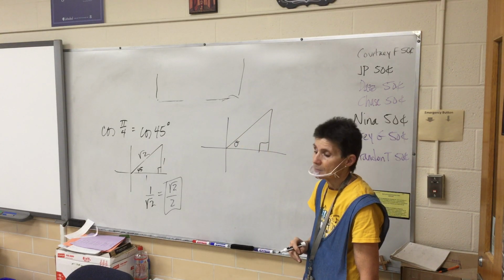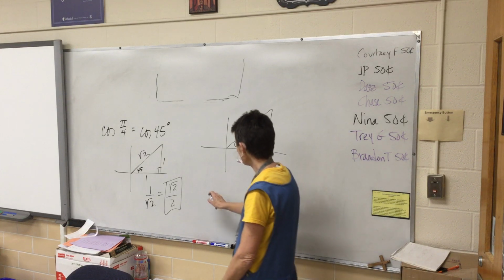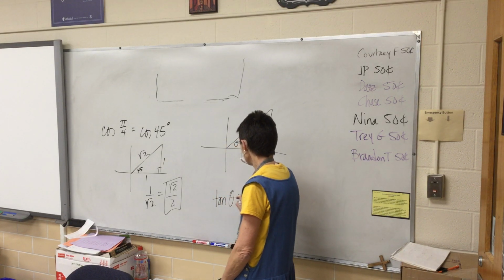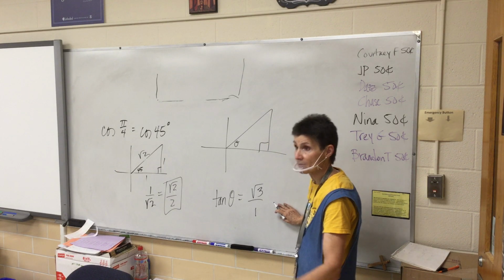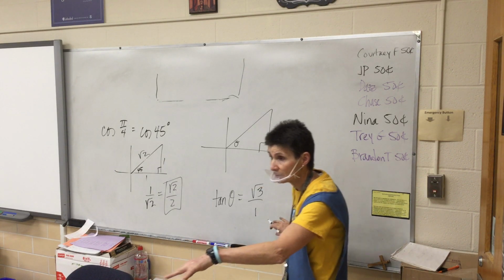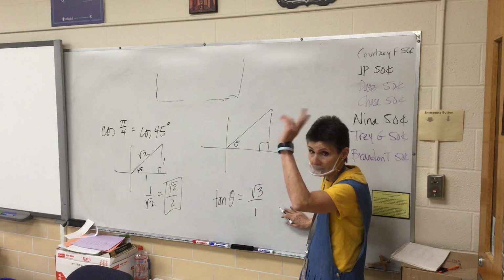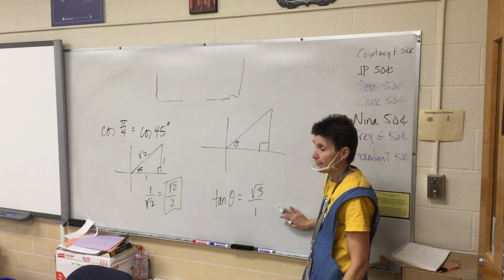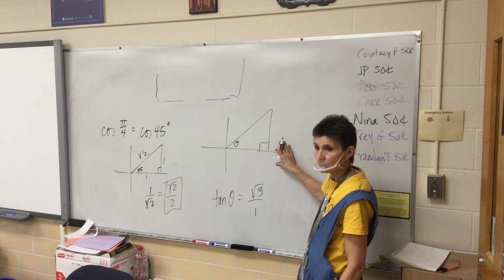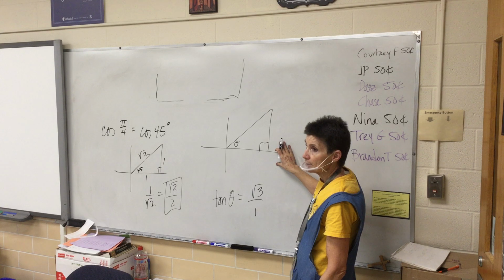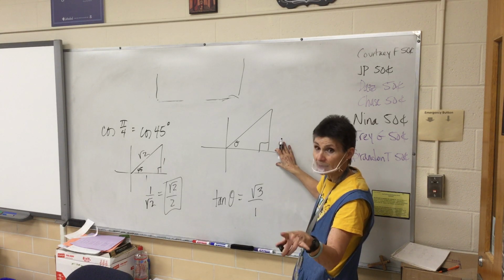But I know that the tangent is root 3 over 1. I would put that over 1 because all of them are always fractions. Sine, secant, they're all fractions. So what does that tell me about my picture? It's a 1, 2, root 3. It's going to be a 30, 60, 90.